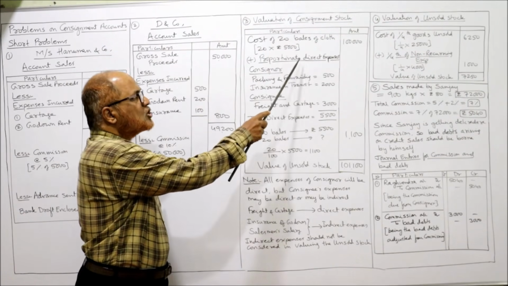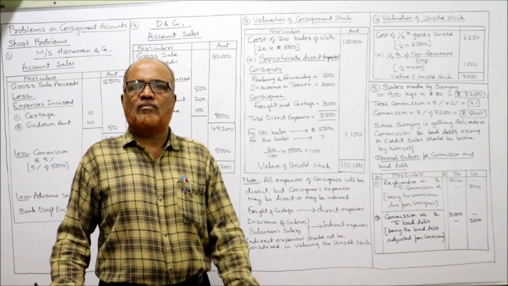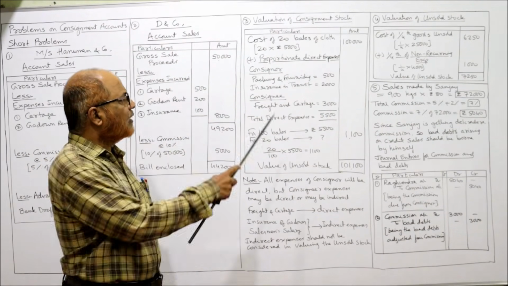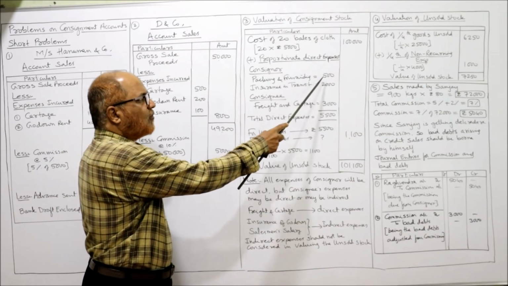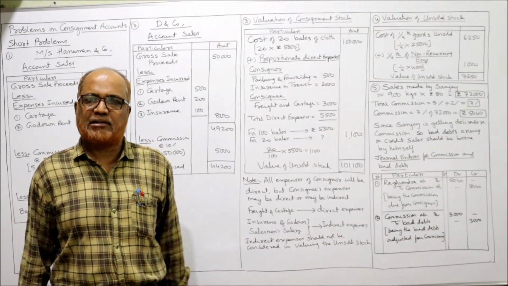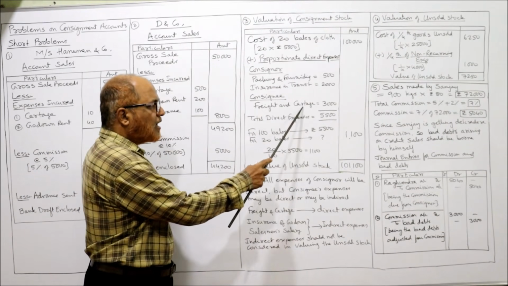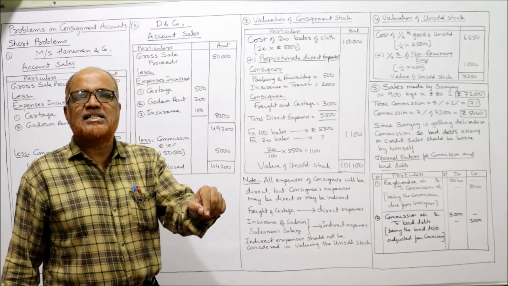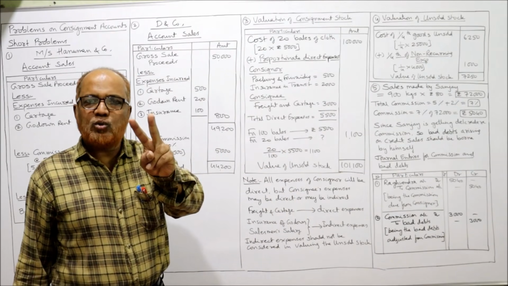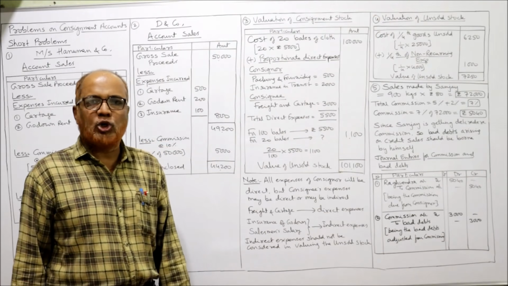See here, proportionate direct expenses. We will not take total direct expense. We will take proportionate. Now, consignor, packing and forwarding 500, insurance in transit 2,000. That is completely direct. Now, consignee has spent freight and cartage 3,000. This is direct. The remaining 2 expenses given in the problem are indirect, should not be taken.